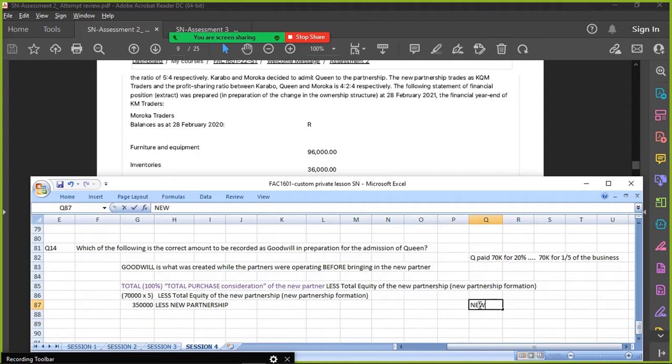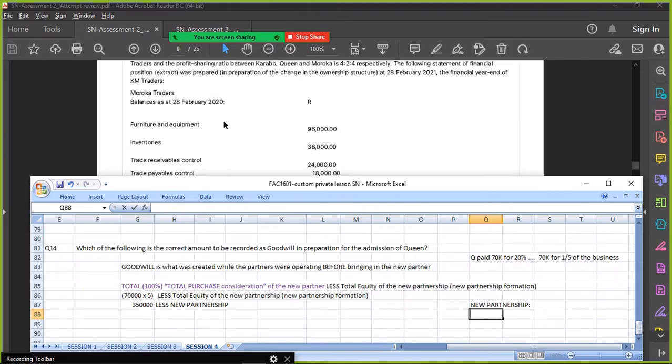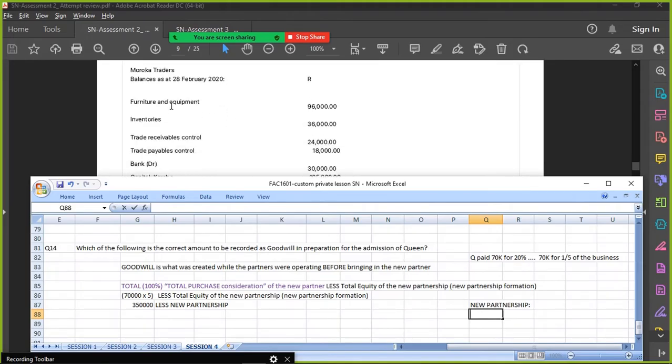The new partnership is going to have the old equity. So what was the old equity? Well, actually, I don't have to look at the old because I already have the new, so I can just focus on the new values. How much does this business have? Furniture and equipment. They've got furniture and equipment of 96.